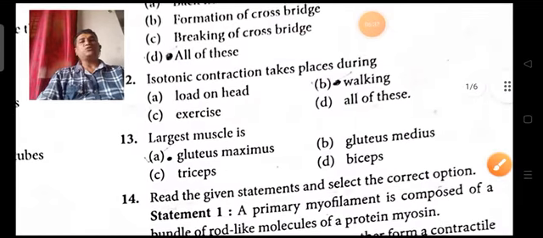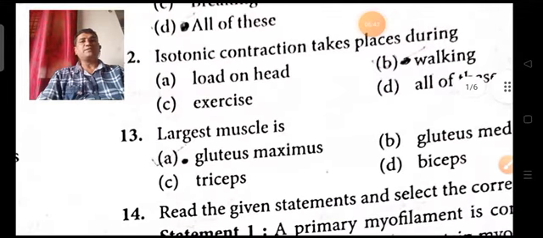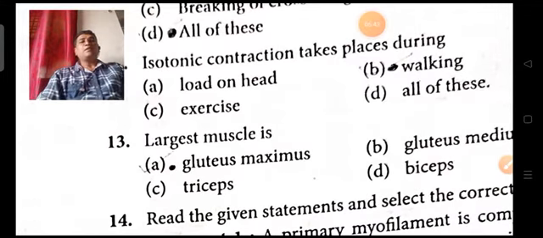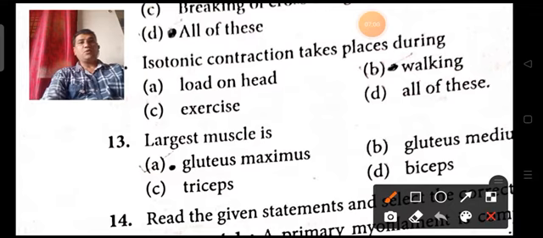Next, isotonic means similar tension. Isotonic contraction takes place during load on head, exercise, walking. Exercise also, some muscles stretch and some relax, but only during walking does the tension remain constant.